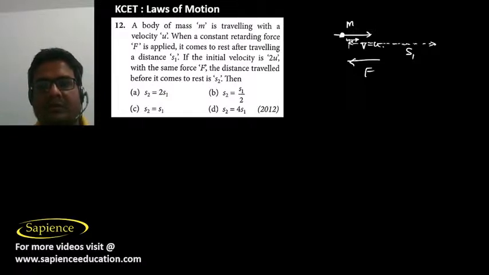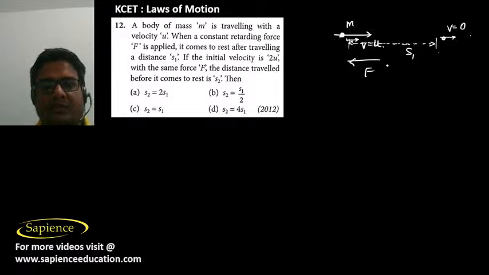The mass will come to rest, that is v equal to 0. So the initial velocity is u, and after traveling a distance S1, it will come to rest.